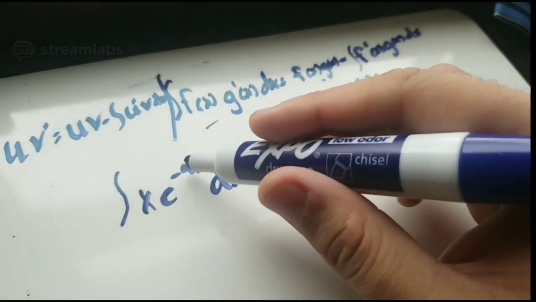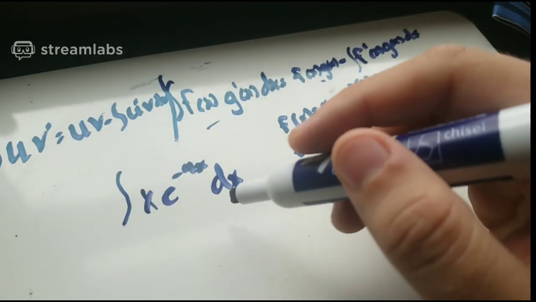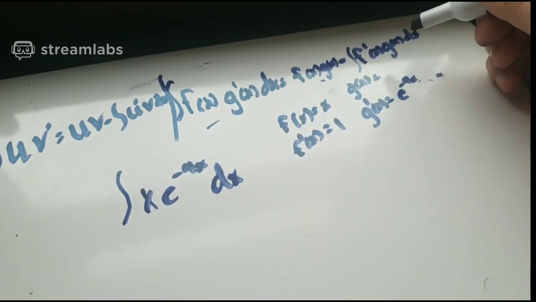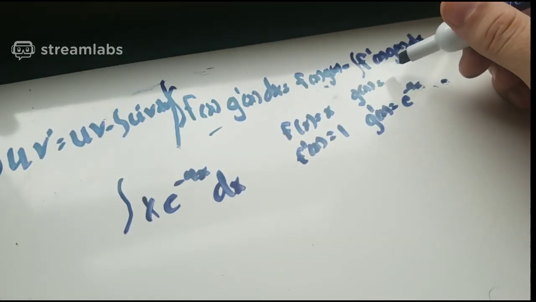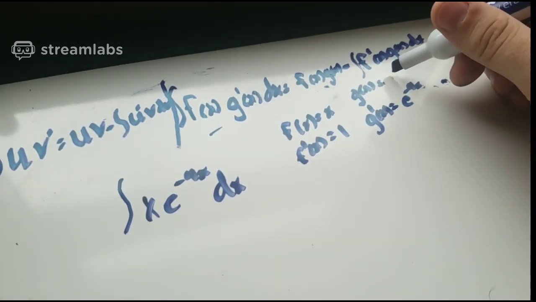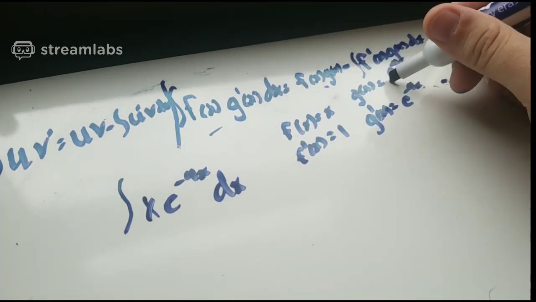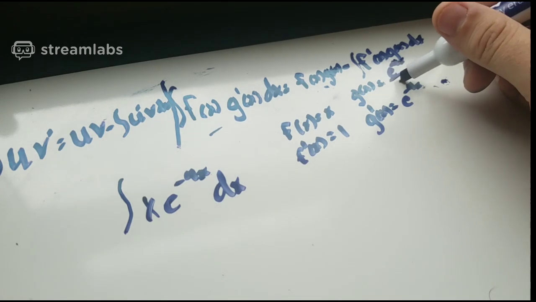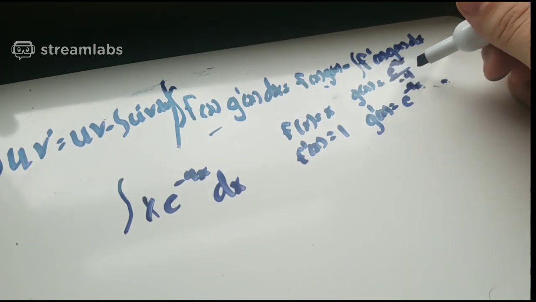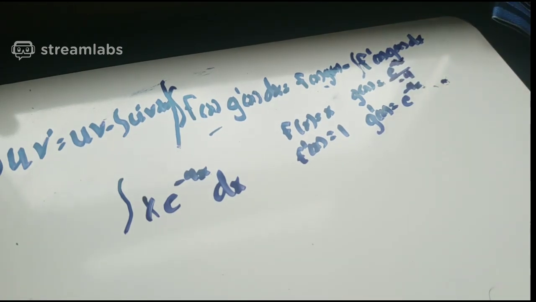Basically what happens is this is going to be moved here. So the antiderivative of this is going to be e to the negative 4x over negative 4. And I just want to think in my mind, is that correct?